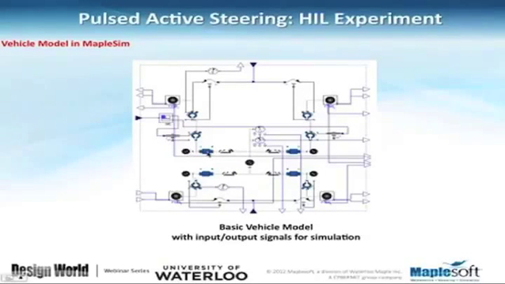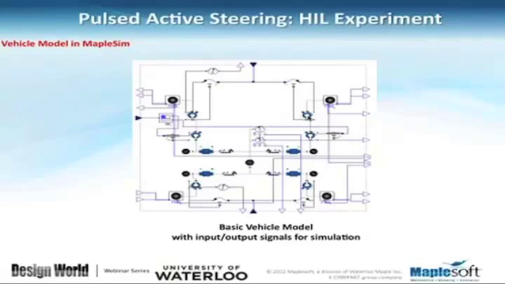The suspension in the rear part of the vehicle is connected to a wheel through these two revolute joints. From the front, it's connected through these two revolute joints again that indicate the steering system, and this revolute joint is for the rotation of the wheels.